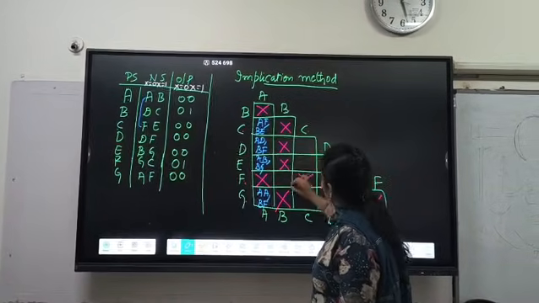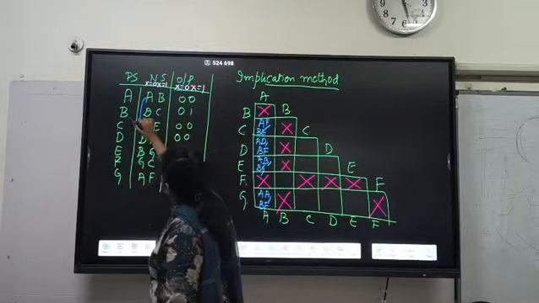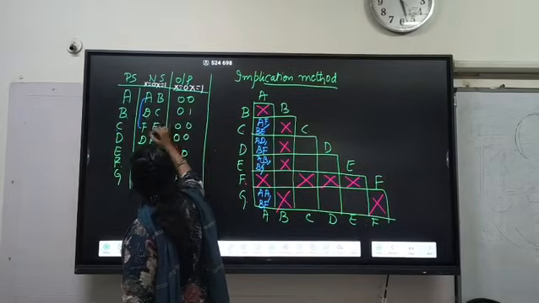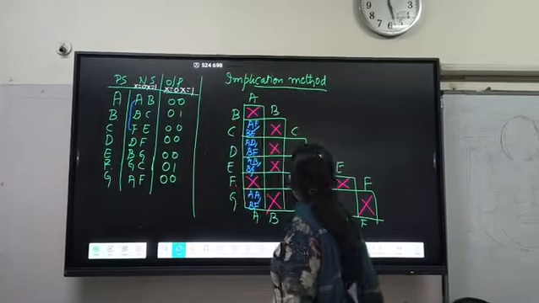Similarly, for state B, only B to F is valid. B to F means it is DG and CC.